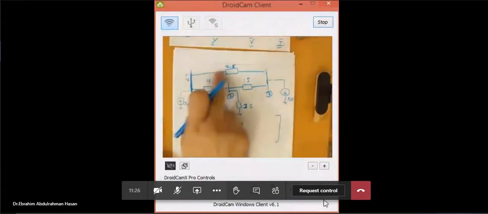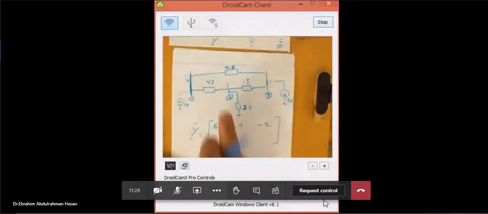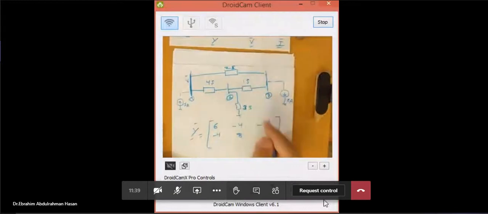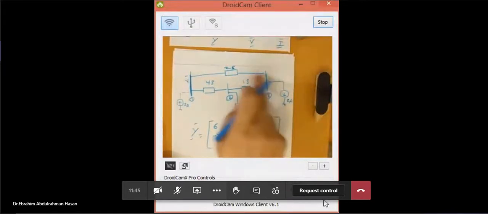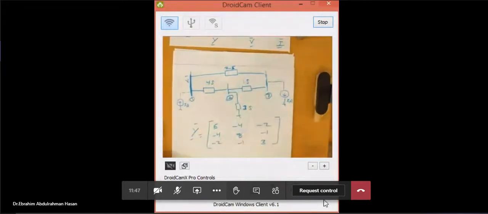Common with 3, minus 2. Similarly, bus number 2, total admittance here is 4, 1, 3, so 8. Common with 1, minus 4. Common with 3, minus 1. Bus number 3, here 3. Common with 1, minus 2. Common with 2, minus 1.